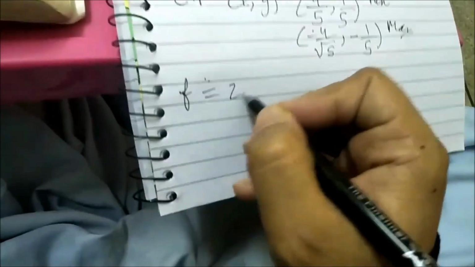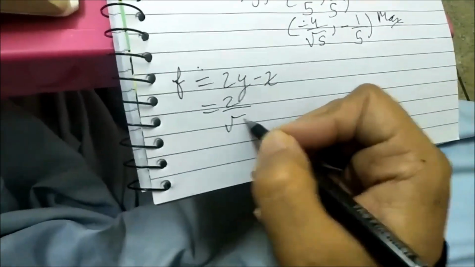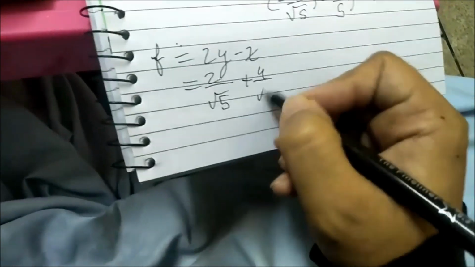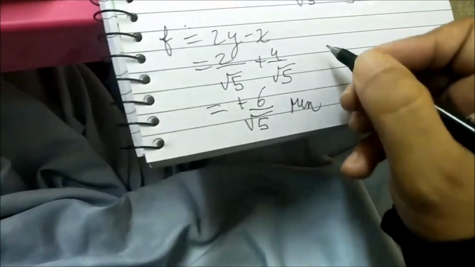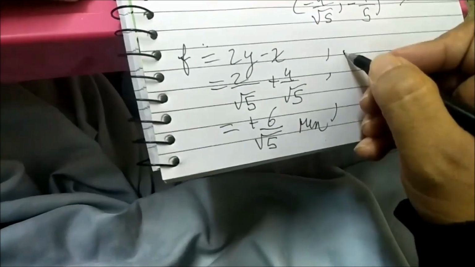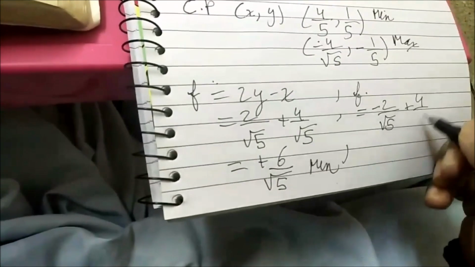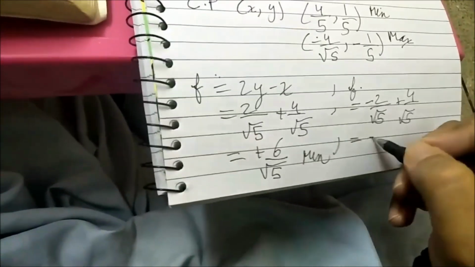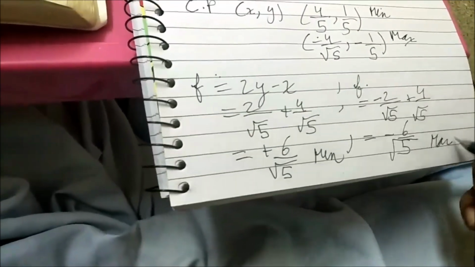So we get 2y plus x. First we put the minima values, and we get plus 6 over root 5, which is actually the minimum, whereas when we put the maxima values we get minus 2 by root 5 minus 4 by root 5, which is minus 6 by root 5, and it is the maximum.